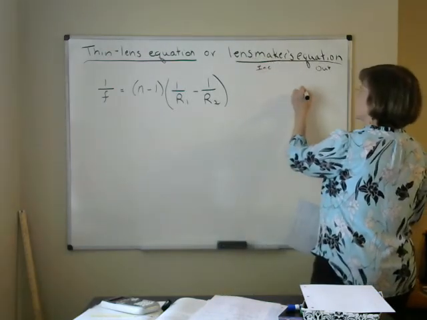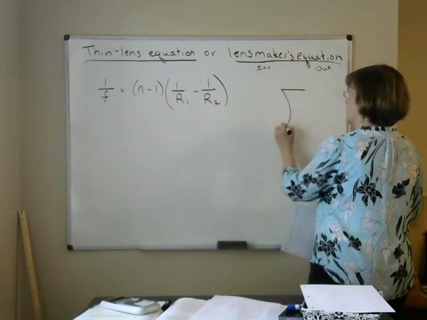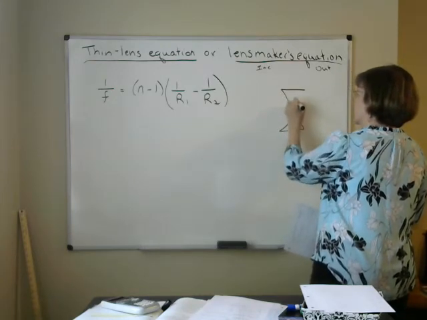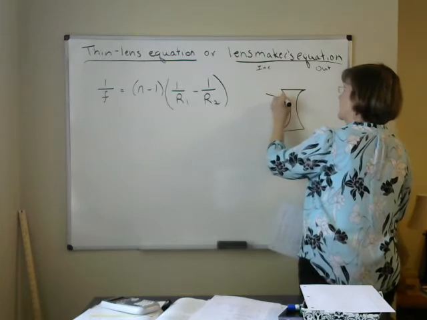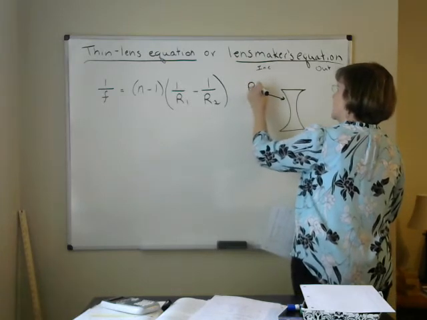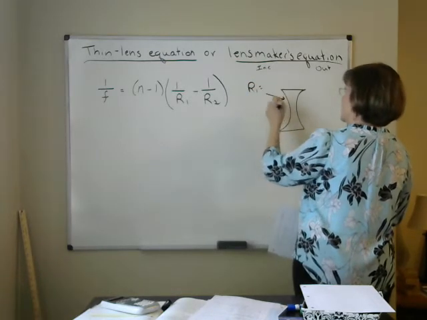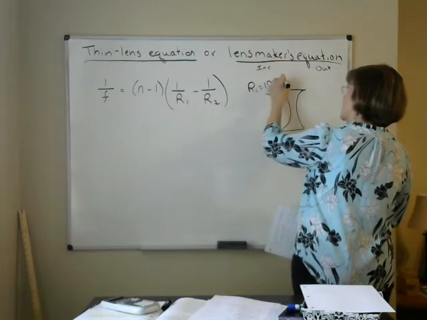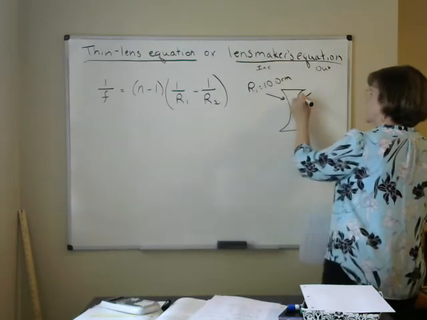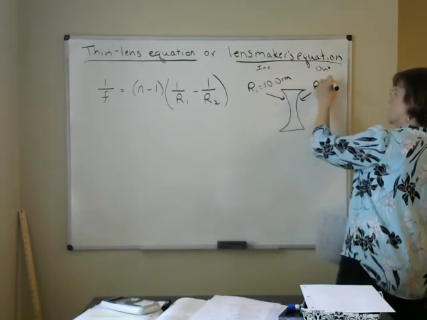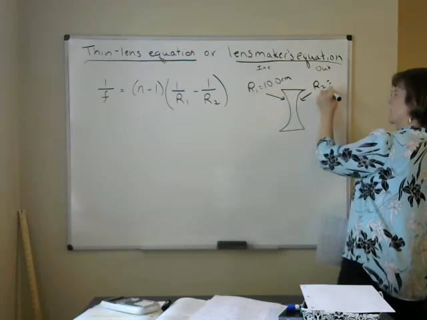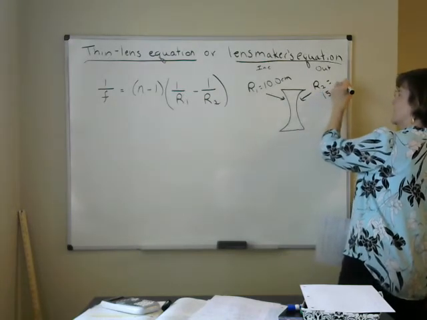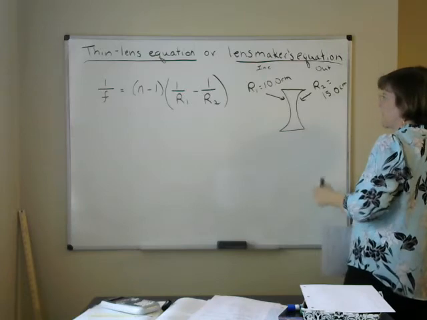Still a lens. Let's let R1 have a radius of curvature of 10 centimeters. And let's let R2 have a radius of curvature, it's a little flatter, of 15 centimeters. Okay, now let's think about that.